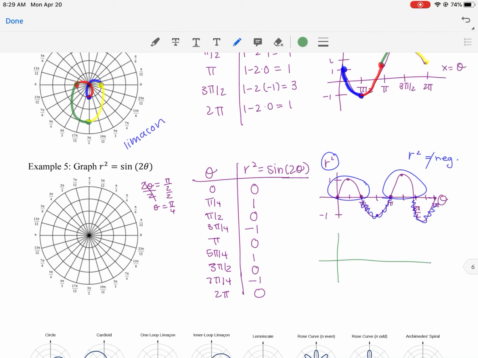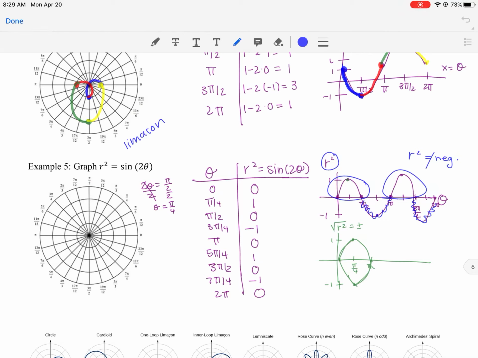If I actually wanted to think about r, technically here, when I have positive 1, if I took the square root of r squared, I would get plus or minus. So here at pi fourths, I technically could be at a positive 1, or I could have had that approach a negative 1. So I technically would have both of these 2 points. And then it would have come back at pi halves to here.